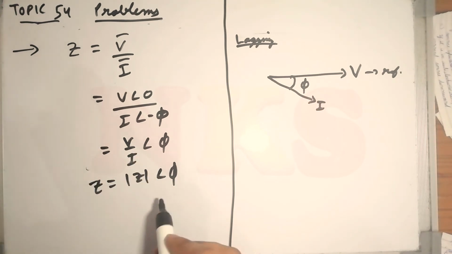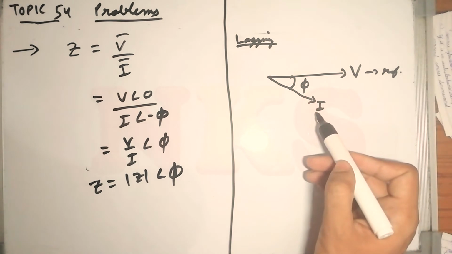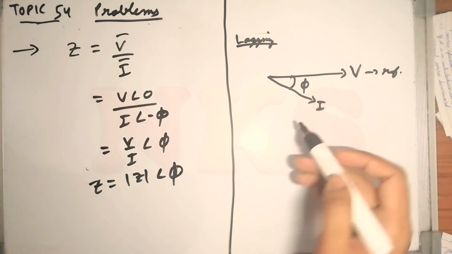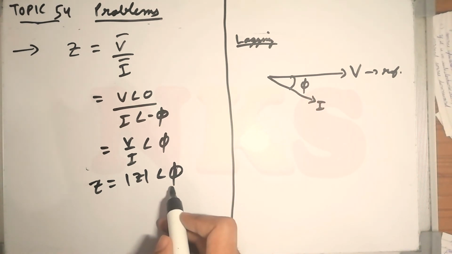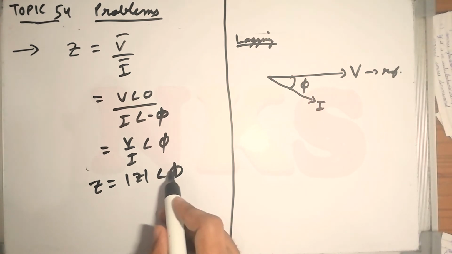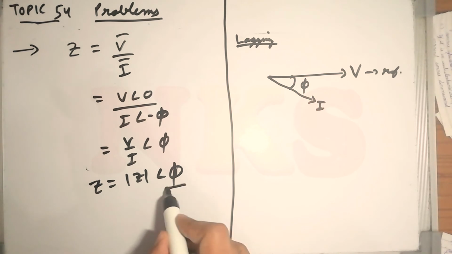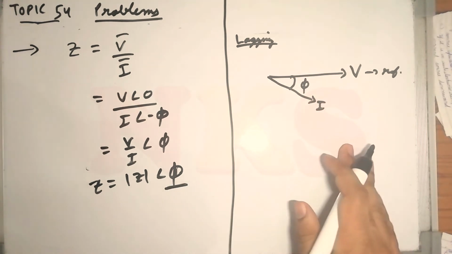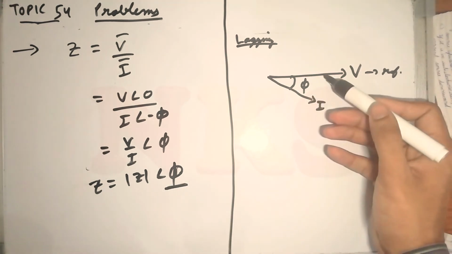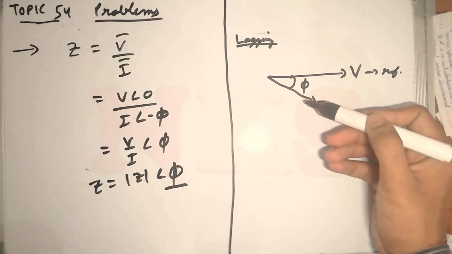So for lagging load, the impedance angle comes out to be positive phi. Remember it. You can also call it the power factor angle, because it is the angle between V and I.